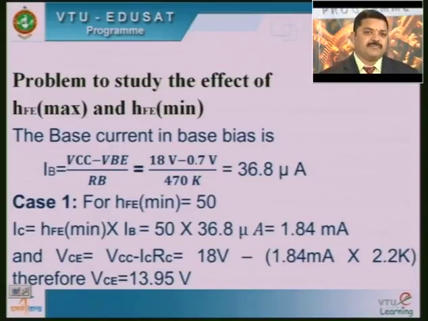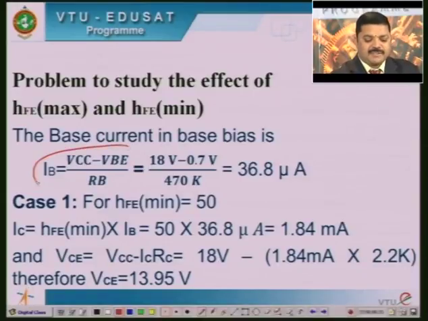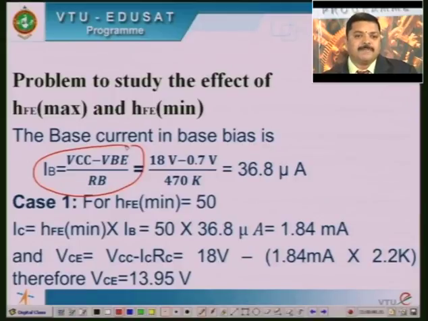The base current IB is given by IB equals VCC minus VBE by RB, where VCC is 18 volts, VBE is 0.7 volts and RB is 470 kilo ohms.